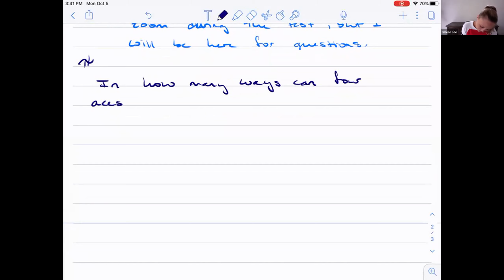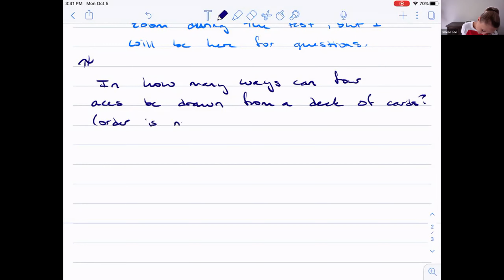In how many ways can 4 aces be drawn from a deck of cards? Order is not important. Okay.